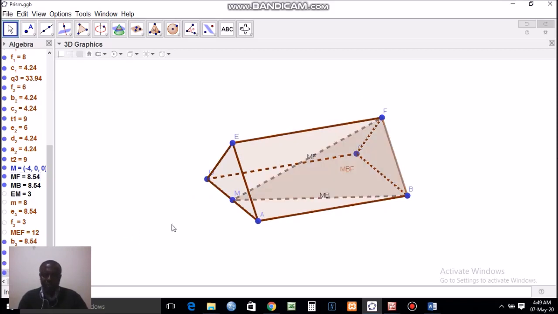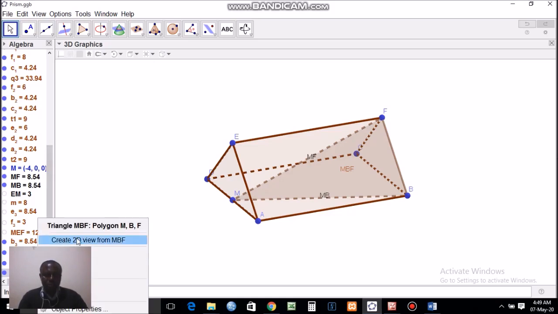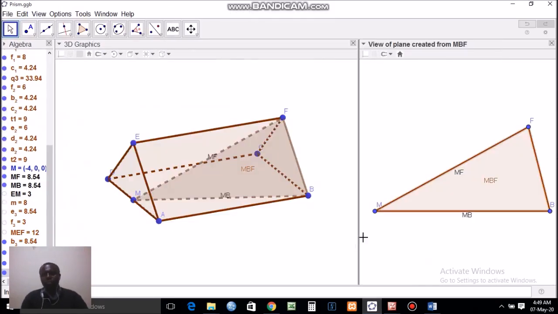Certainly that plane figure is triangle MBF. So we need to extract triangle MBF and draw it separately. And if you do that, you expect to get that. So here is the triangle we're going to use to get the angle between MB and MF.